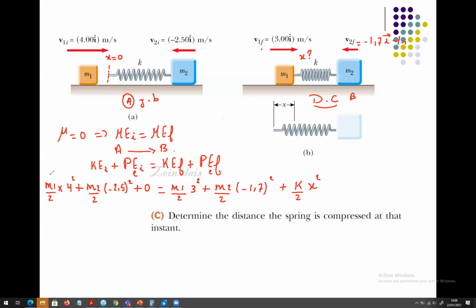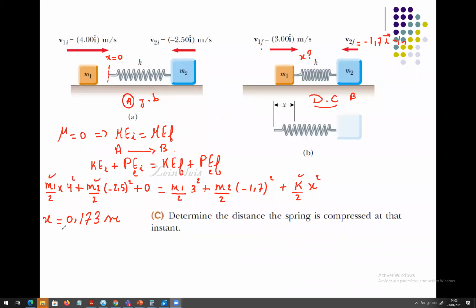As you see, we have M1, M2, and K equals 600, so we can calculate X. X equals 0.173 meter.